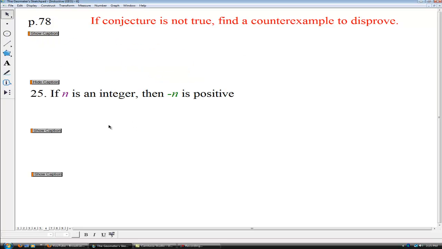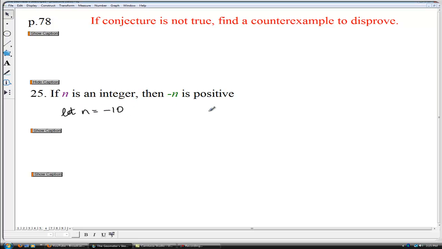Number 25. If n is an integer, then the opposite of n is positive. Well, let's see. Let's let n equal negative 10. That's an integer. The opposite of n, since n is negative 10, the opposite of negative 10 is 10.